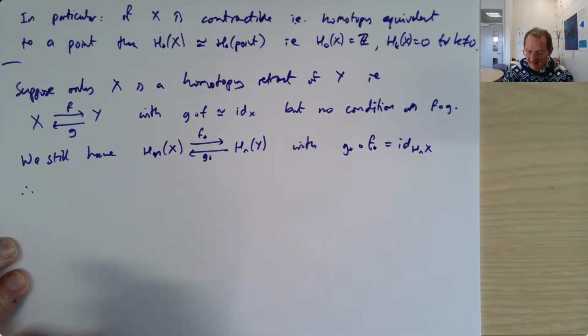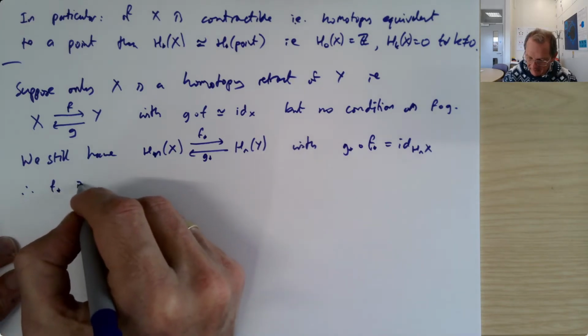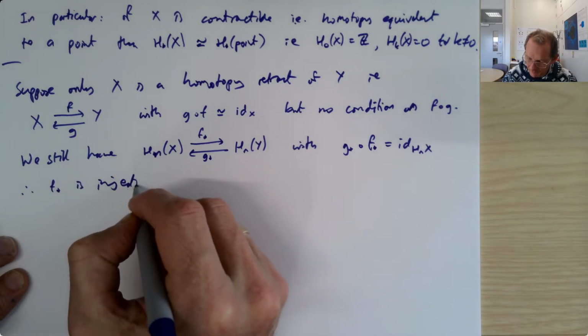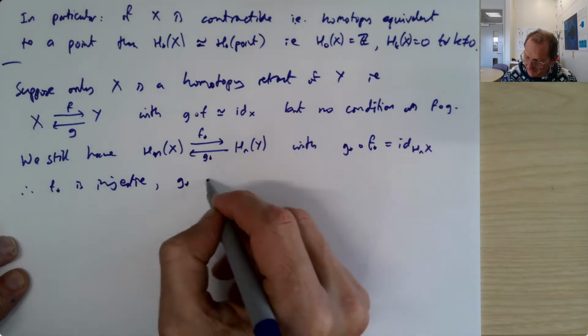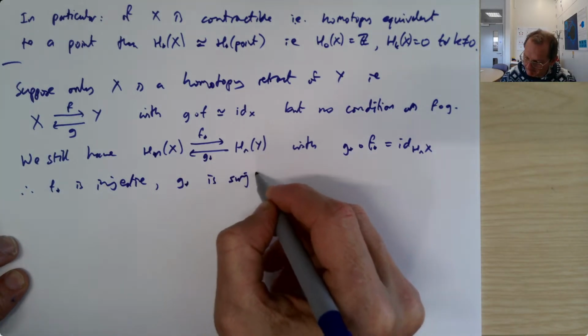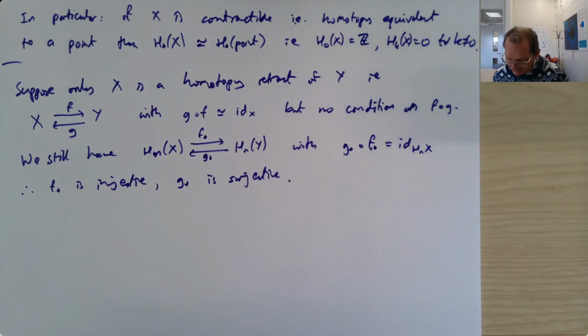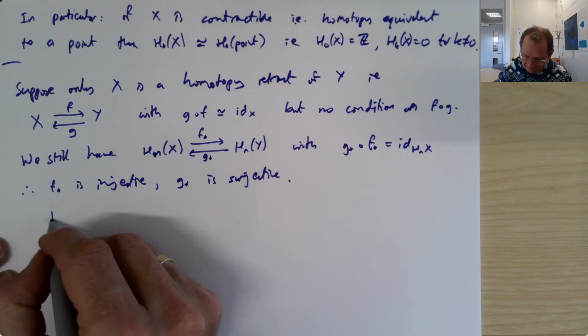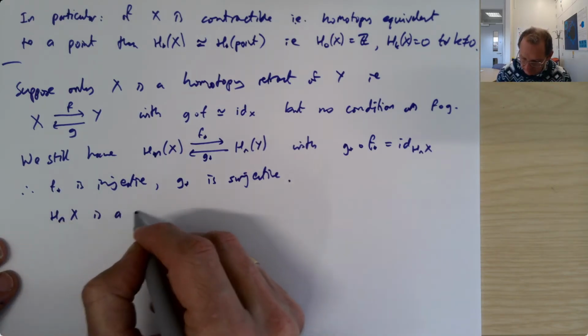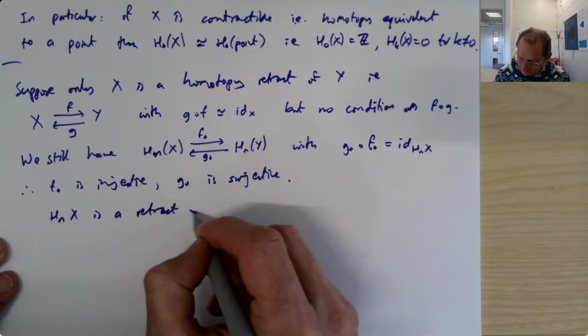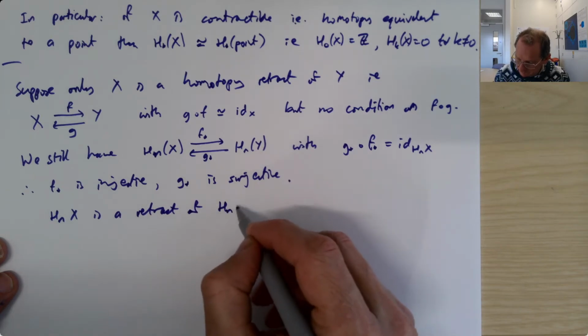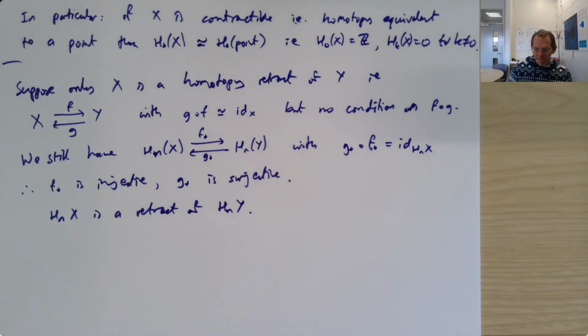It follows that f lower star is injective and g lower star is surjective. And you can also say H_n X is a retract of H_n Y. Okay, so those are our basic facts.